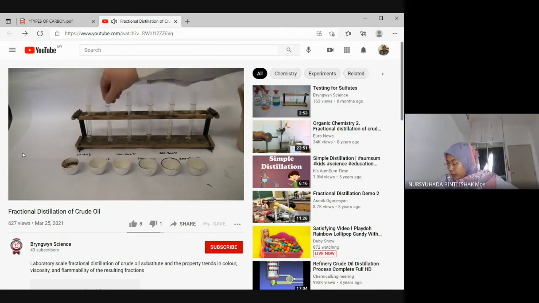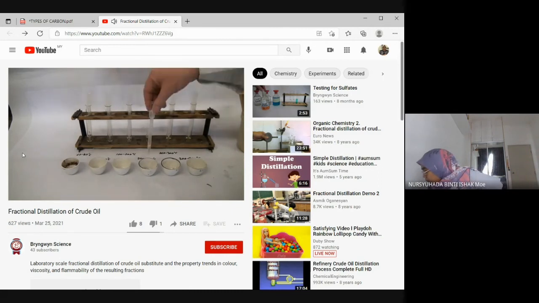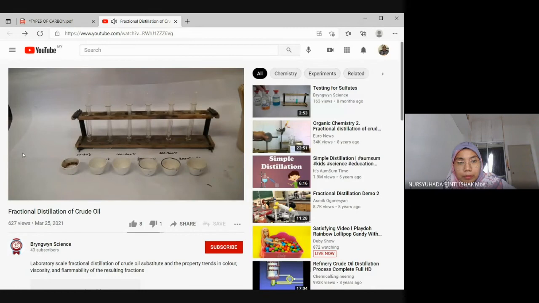A few more drops on that. Okay. Now to compare flammability, we're simply going to try to set light to them with a lit splint. And look at what happens.